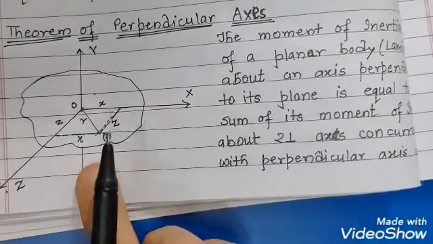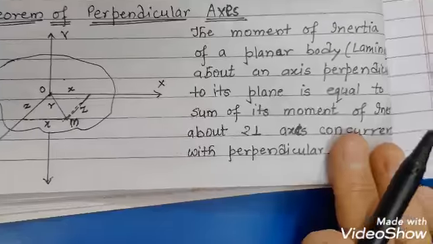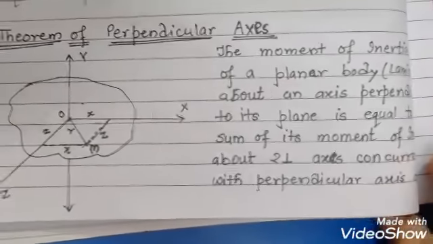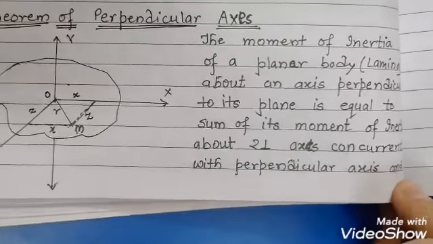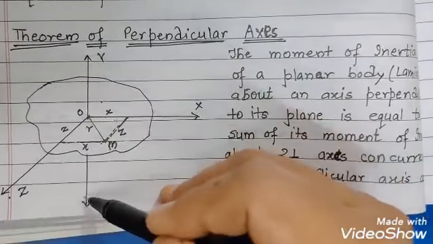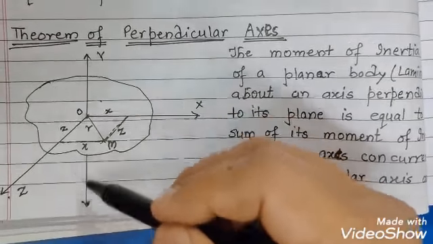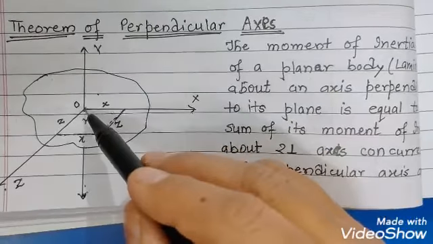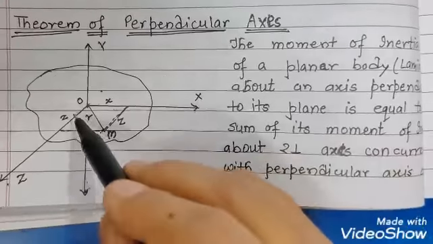Now, it is equal to the sum of its moment of inertia about two perpendicular axes concurrent with the perpendicular axis and lying in the plane of the body. That means when we take the moment of inertia about the y-axis, which is perpendicular to the plane of the body, the two other axes in the same plane of this body are x and z.